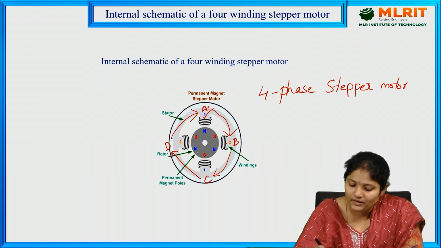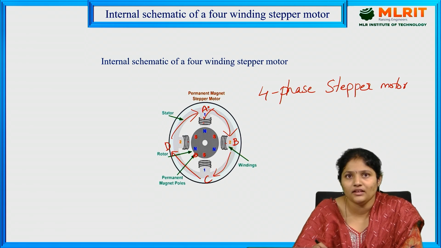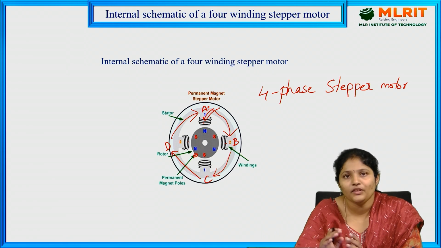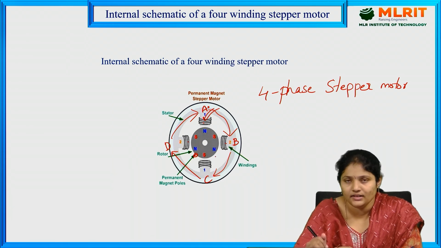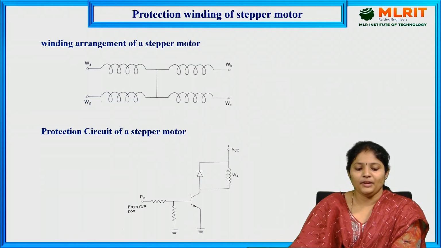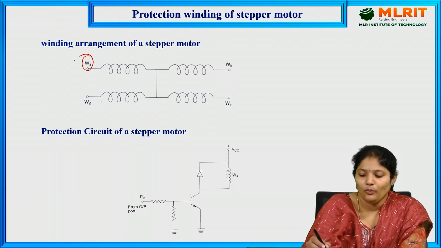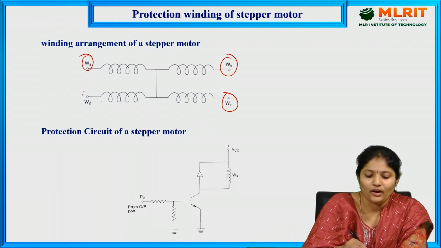Here permanent magnetic poles will be there. So when we apply pulses to these windings, the motor rotates according to the magnetism. So coming to the winding arrangements: winding A, winding B, winding C, and winding D.